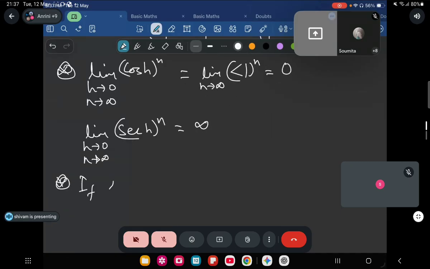Next, if limit x tends to a, f to the power g is given. I'm going to generalize it, okay?